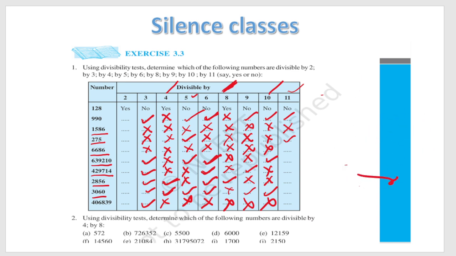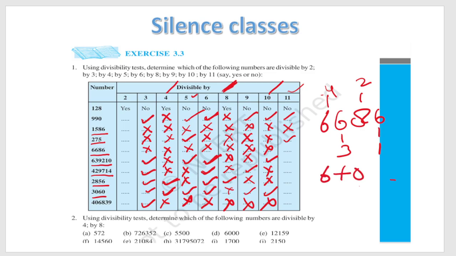Now the next number is 6686. 6 once, second, third, fourth. 6 plus 8 is 14, and 6 plus 6 is 12. 14 minus 12 is 2, and 2 is not divisible by 11.